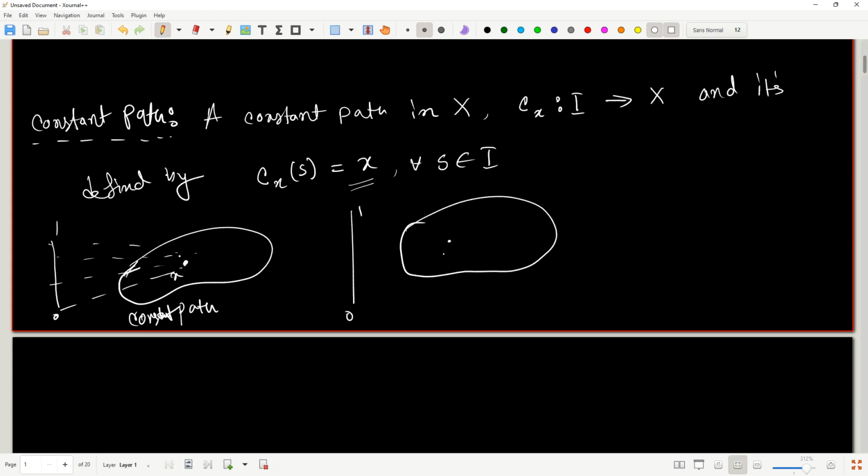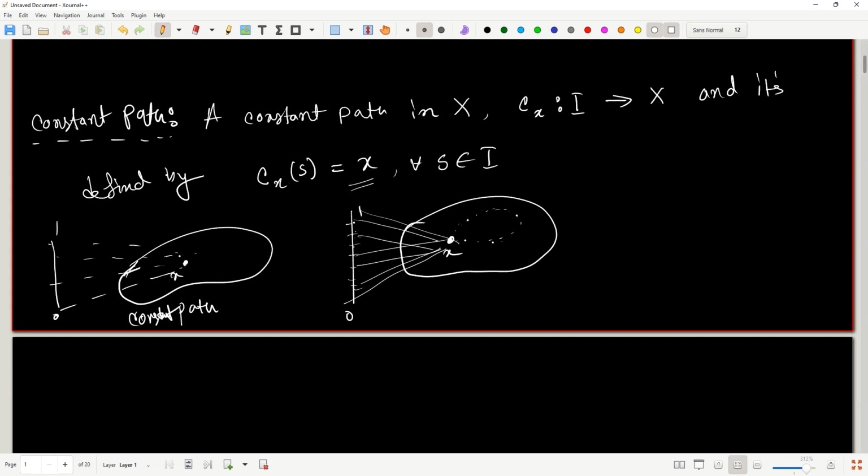So what does the loop thing tell you? That you start from here, you should go around and come over here as well. And all these points on your path, that is when you are traversing the loop, is just an image of some value of the interval, right? But when you are trying to define a constant loop, any value you take from the interval will eventually get mapped into the same point as well.